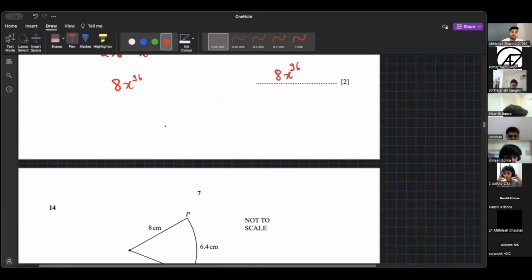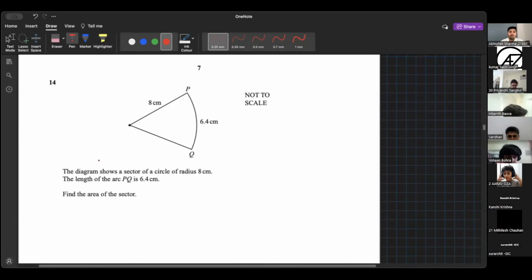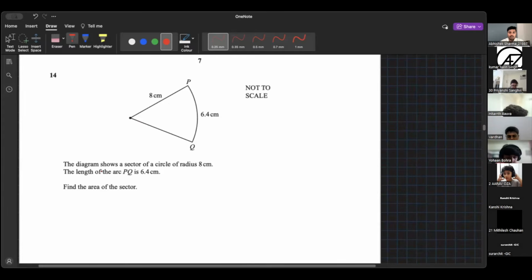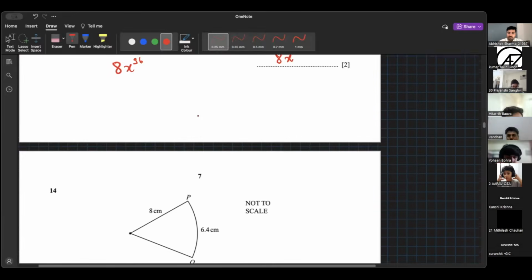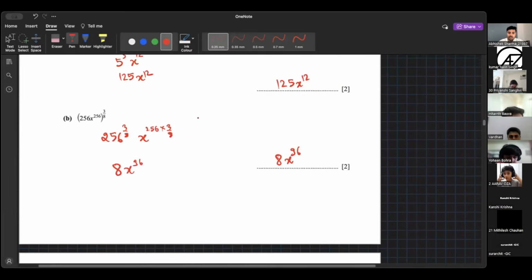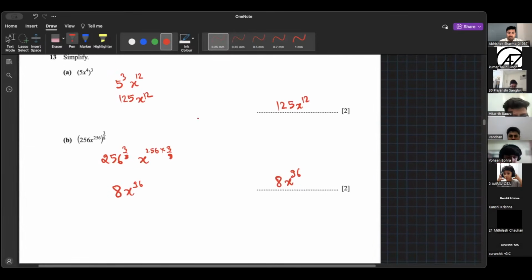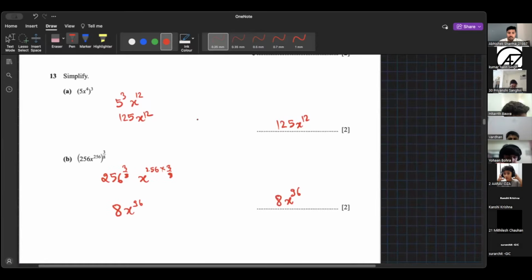Okay, let's move on to question number 14 now. Arc length question. It says the diagram shows a sector of a circle. I forgot to ask, in that I can do 2 raised to 8 also, right? Which one? 256, 3 by 8 you have done. I can do 2 raised to 8 into 3 by 8, right? Yes.